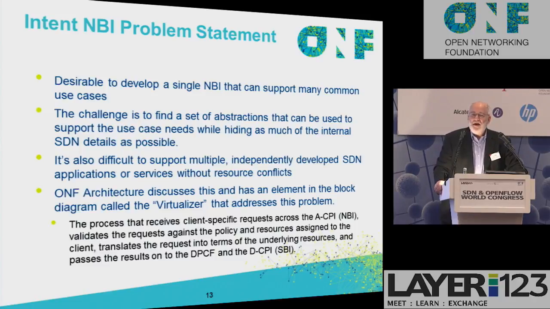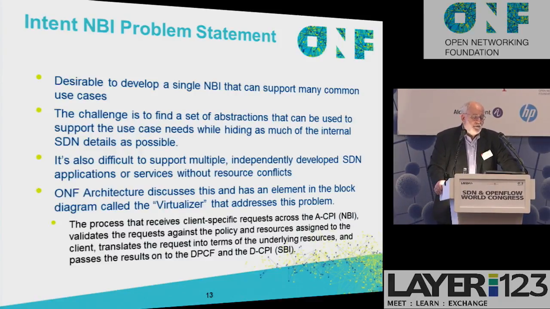They don't work against what the actual network does. They program to an abstract representation of the network. So you want to be able to program against that abstract representation while hiding the details of the actual SDN network itself, its hardware, and so on.